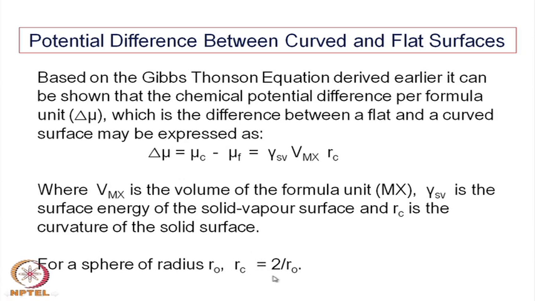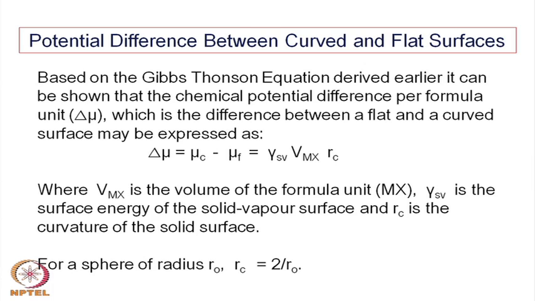So, RC equal to 2 by R0, that is again from the geometry one can find that, and so there is a difference in potential between the curved surface and the flat surface, and that can be expressed in terms of the surface energy between solid and vapor in this case.